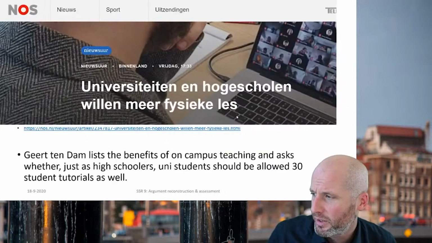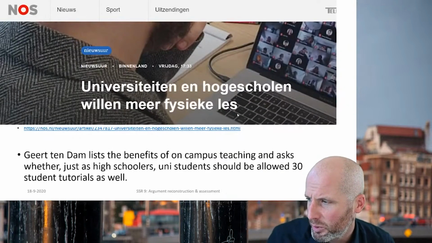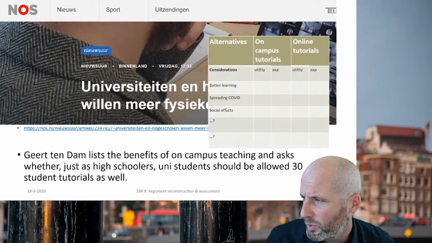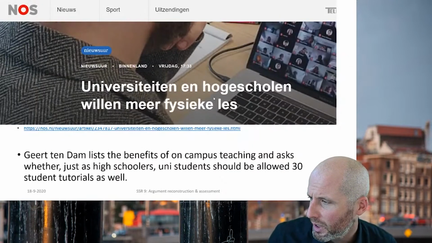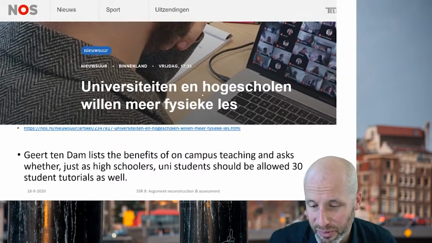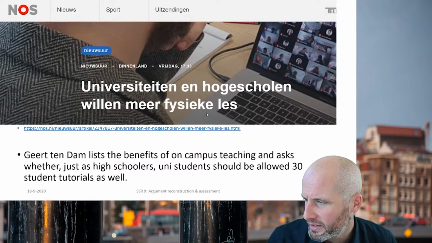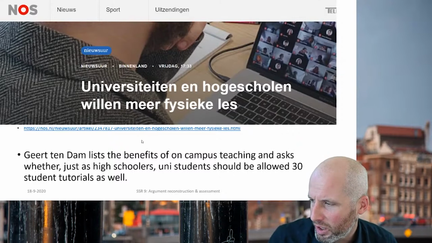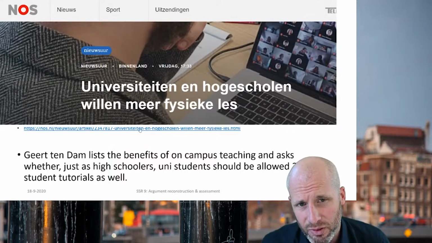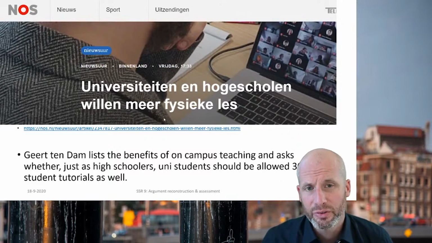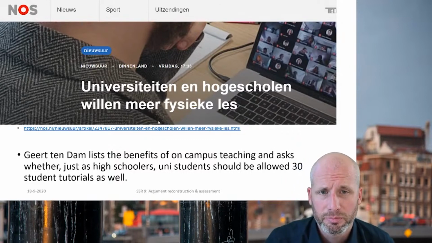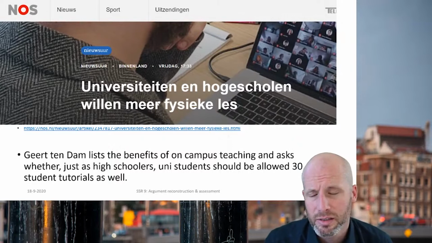The same way you can think about other examples, right? So you might have encountered the example here, it's in Dutch, I'm sorry, but basically the boss of the university you're enrolled in said that, well, there are a lot of benefits to teaching on campus, so shouldn't we make on-campus teaching for tutorials up to 30 students available or allowed in the Netherlands?